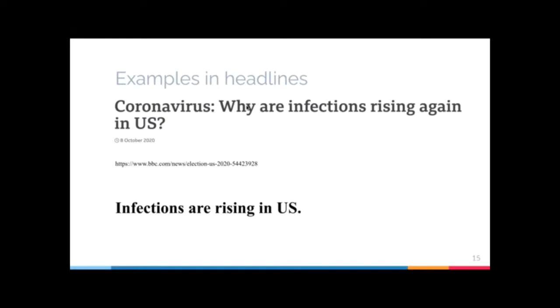You can presuppose that there is an infectious disease and it is rising again in the US, because they are not asking whether it is rising again or not. They are simply saying that the infections are rising again in the US. So this is the presupposition we can take from this headline, right?